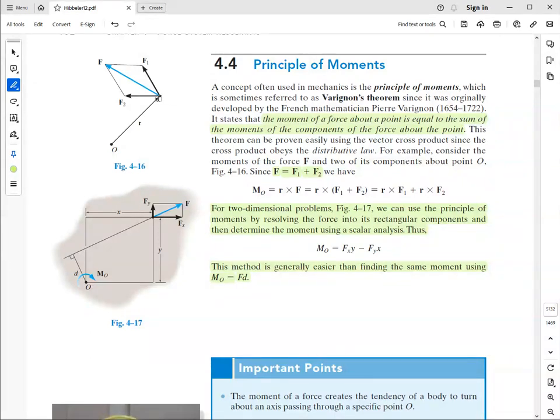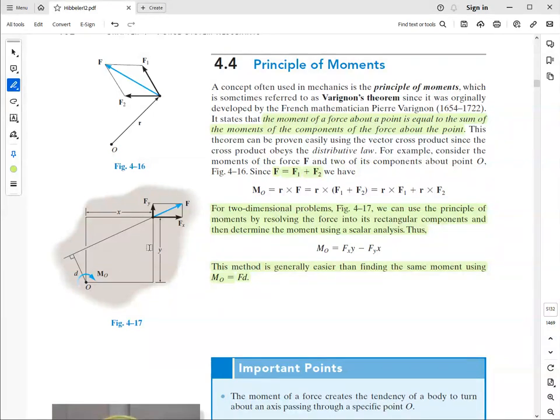So I can get the force vector resolved into two components about two directions, in particular orthogonal. So the moment of the initial force is the sum of moments of the two components.